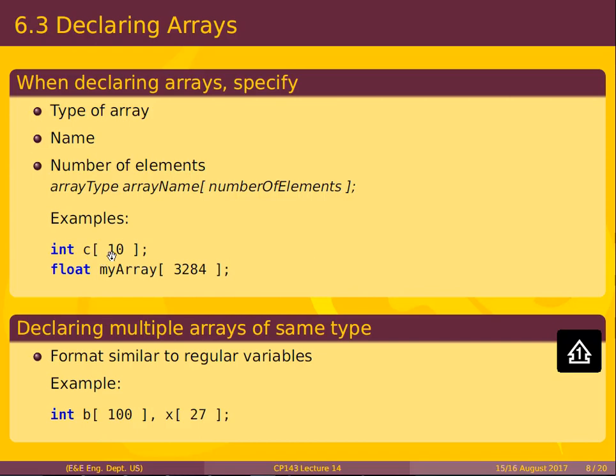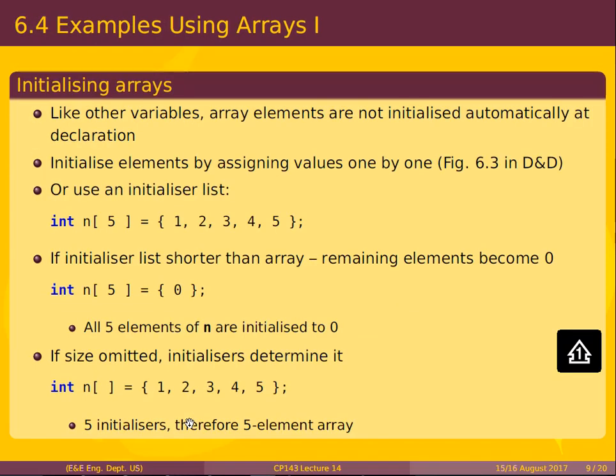So the integer array c contains 10 elements, and this float array contains 3,284 elements. If we want to declare multiple arrays of the same type, here is b and x, we can just do it using this comma. You can do the same with variables.